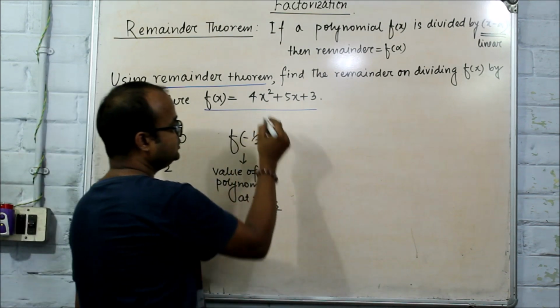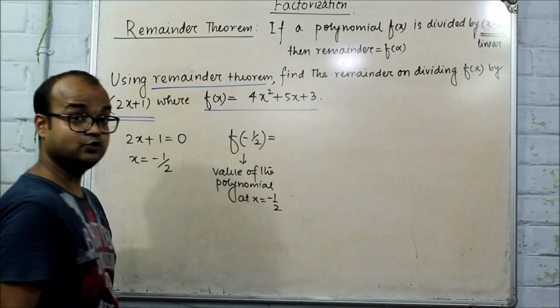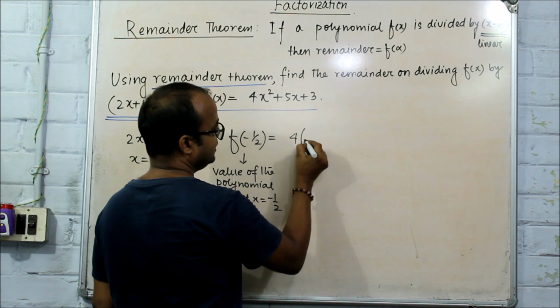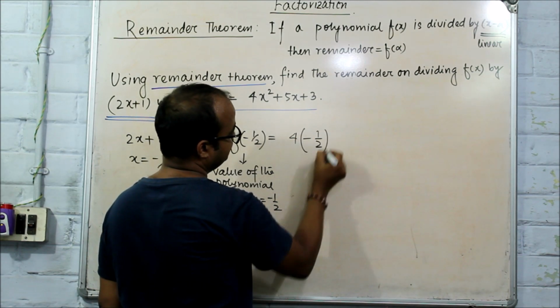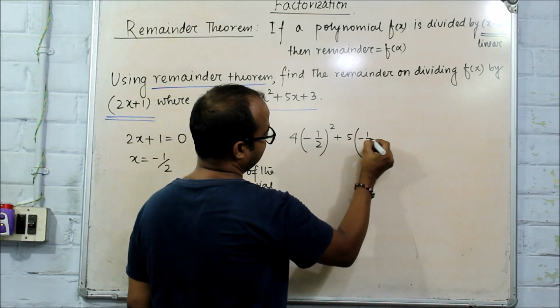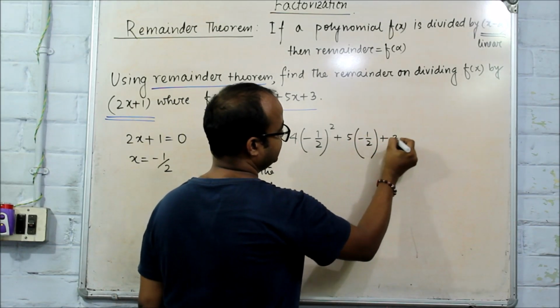So we substitute minus 1 by 2 in place of x. So 4 into (minus 1 by 2) square plus 5 into minus 1 by 2 plus 3.